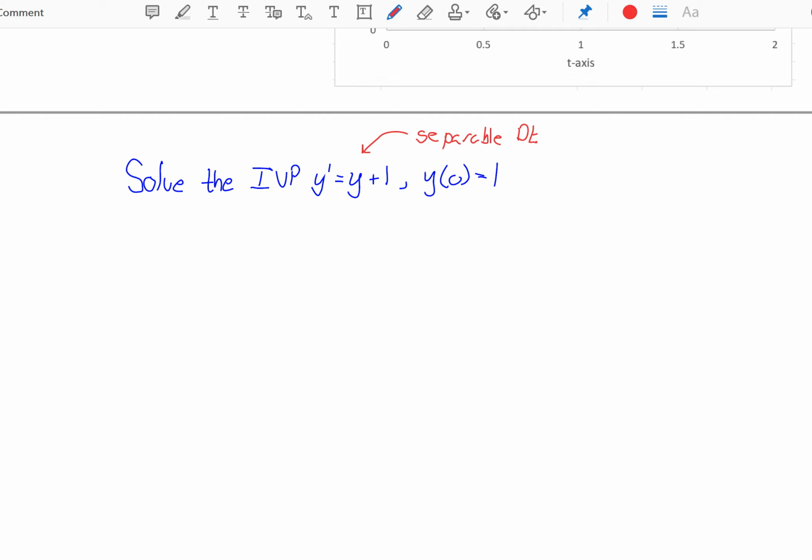I want to use separation of variables. However, you could also use the integrating factor technique. That's up to you. But I'm going to use the separation of variables technique for solving this differential equation.